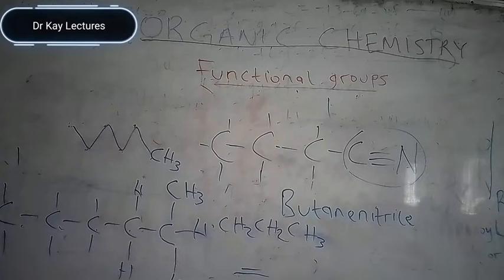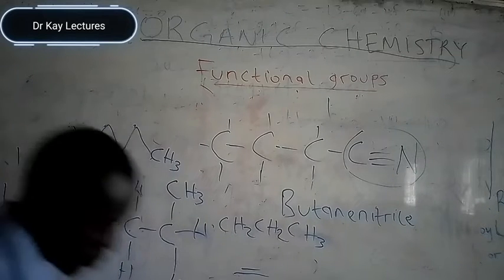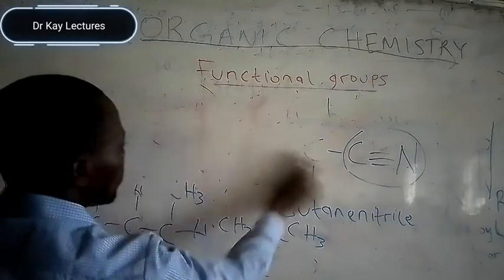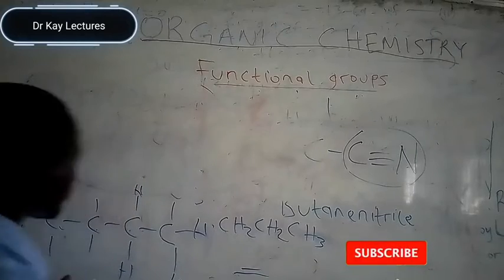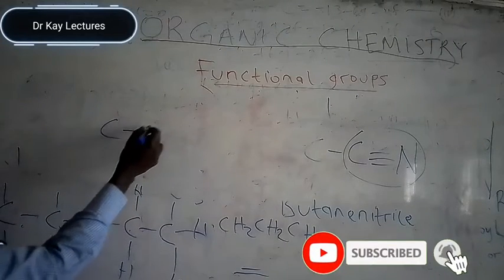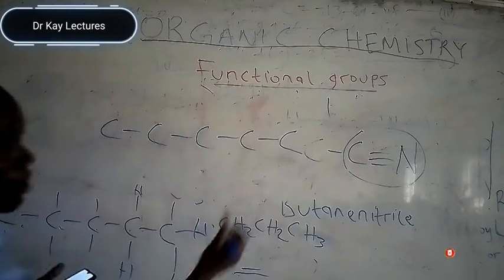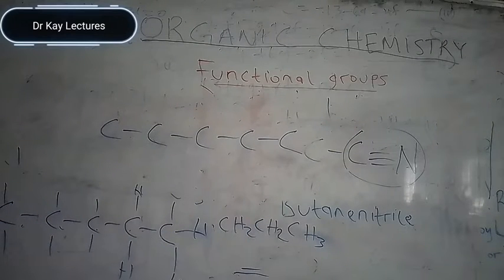We have our C as usual. The carbons will be 1, 2, 3, 4, 5. So we are drawing 2-pentyne, which means the triple bond will be on the second carbon. Do you get that?